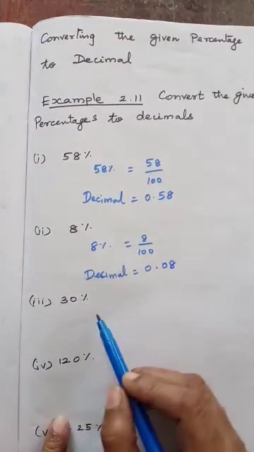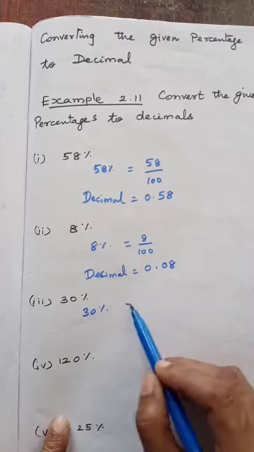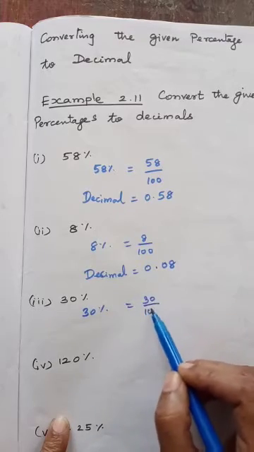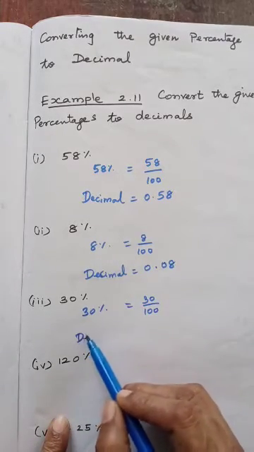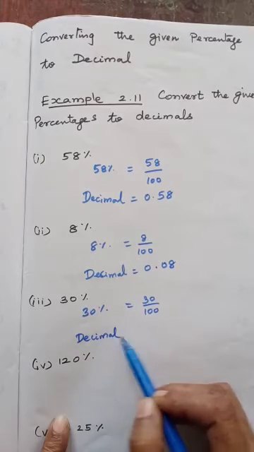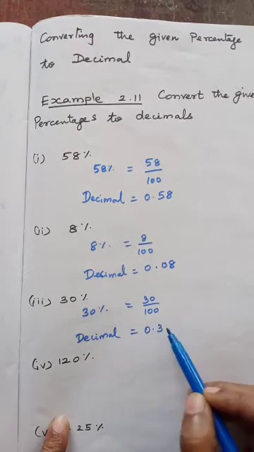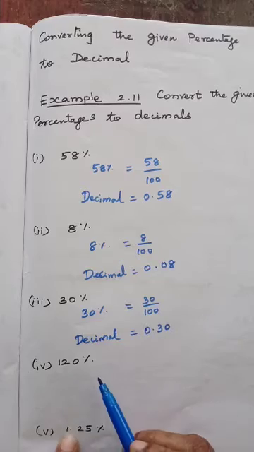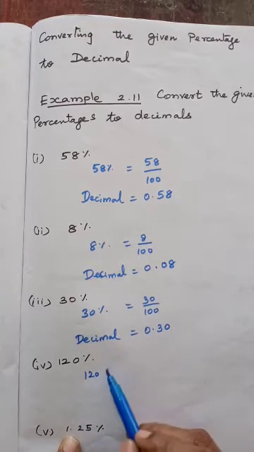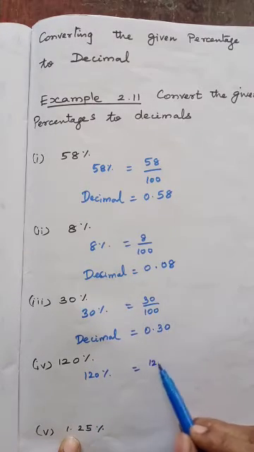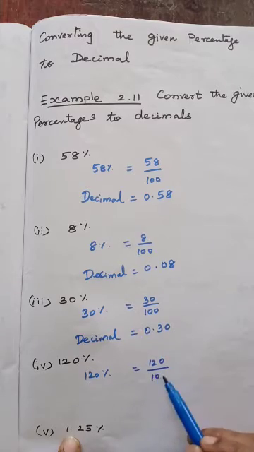Then 30 percentage. You can write this as 30 by 100. So decimal is equal to 0.30. The next one, 120 percentage is equal to 120 by 100.